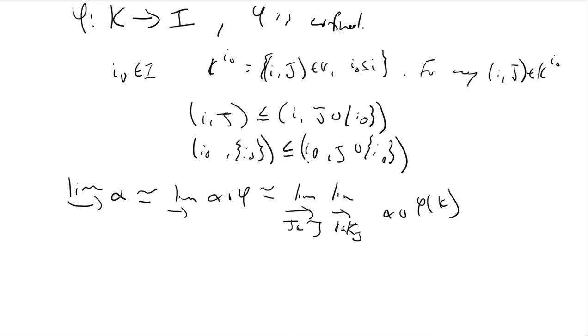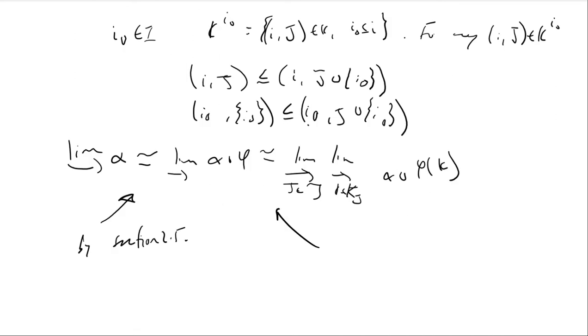The first one of these, in case this isn't super clear, is a property of cofinal functors. We saw this back in section 2.5. And the second is our formula for limits.